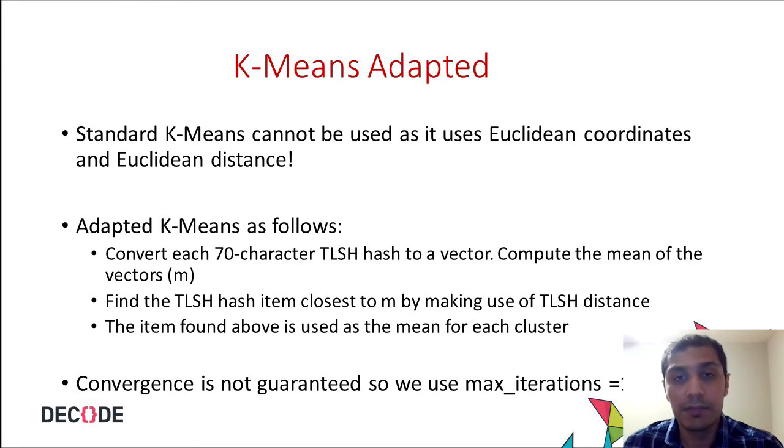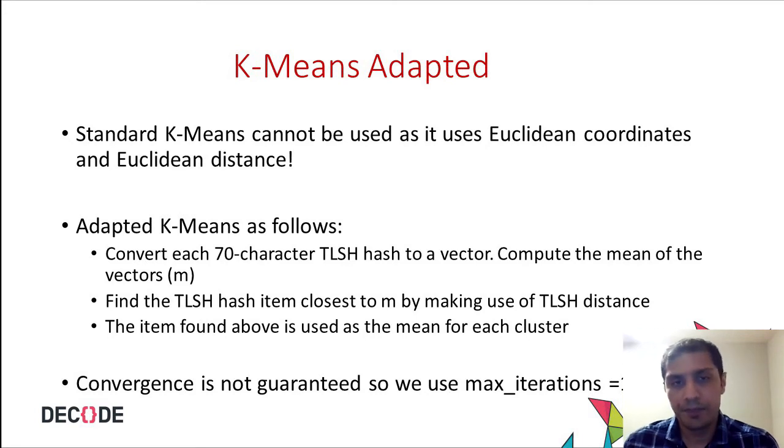But k-means uses Euclidean coordinates and Euclidean distance, and its proof of convergence relies on this. So, long story short, when you use standard k-means for our purposes, there is no guarantee that it will give good performance, or whether it will converge or not.